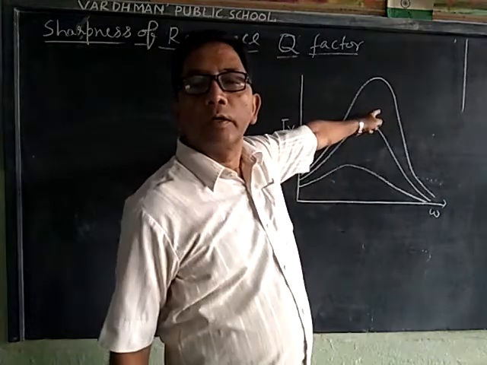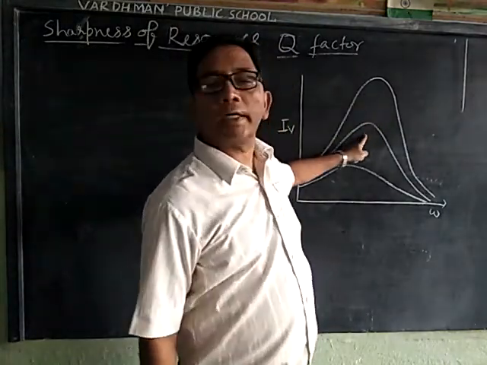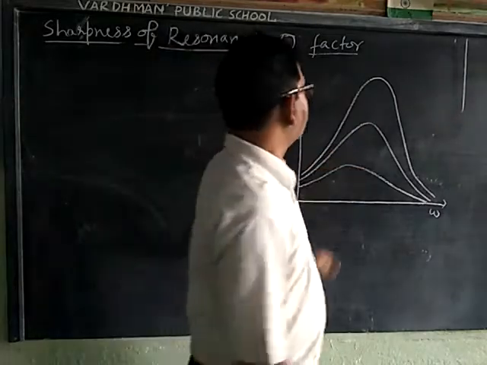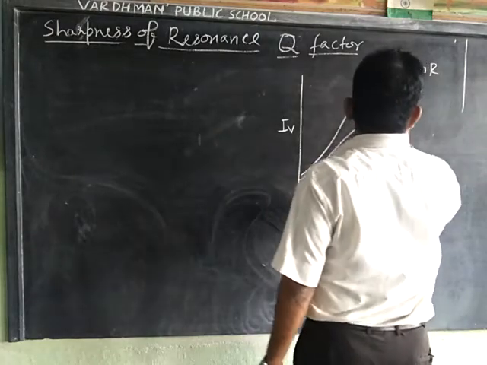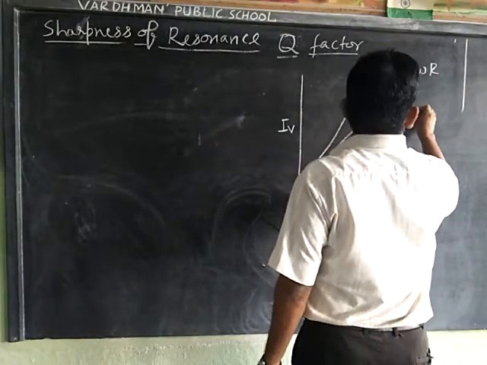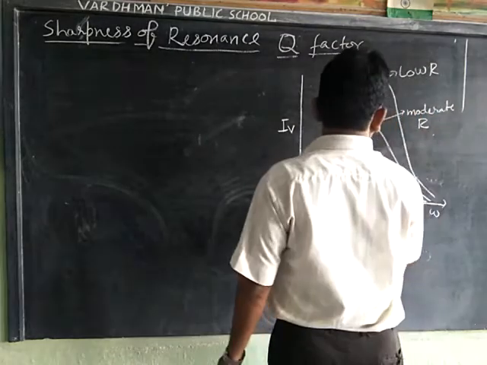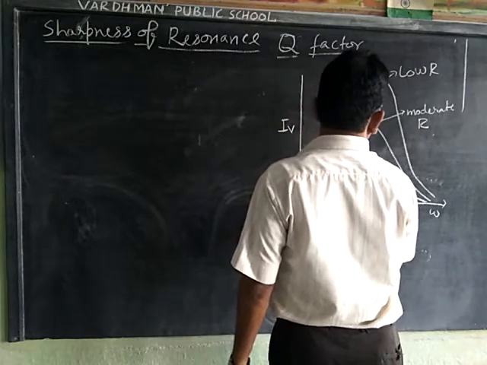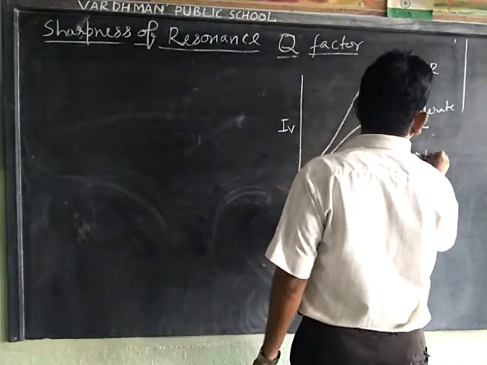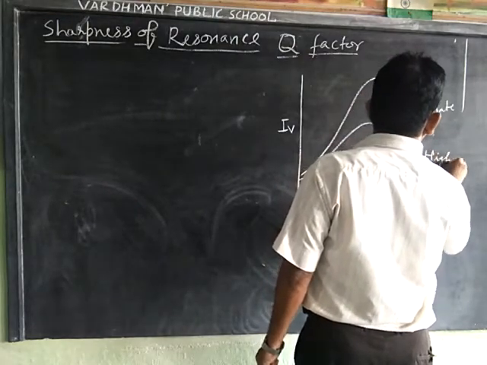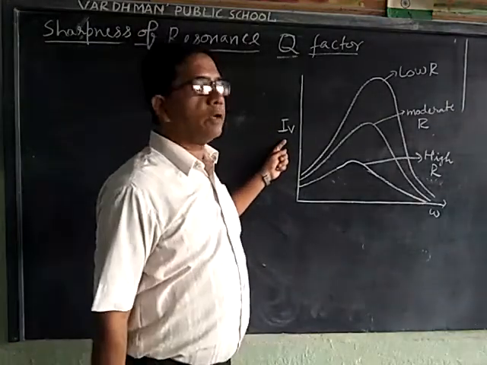This is low resistance, moderate resistance, and high resistance. This is the virtual value of current.